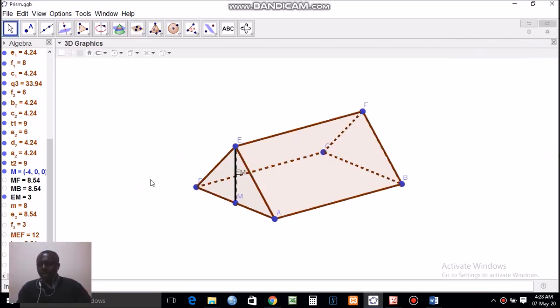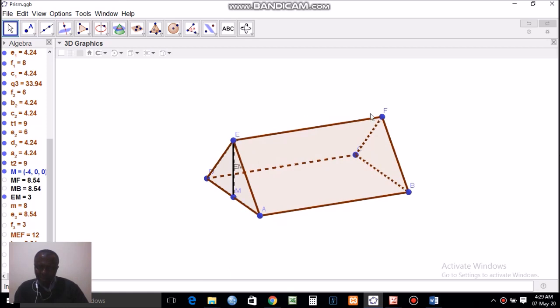Okay. Next, we are supposed to calculate the angle between EF and MF. Now, are you able to identify the line EF? EF is this line up here, the ridge of the pyramid, or the ridge of the prism. And then we also have MF here.